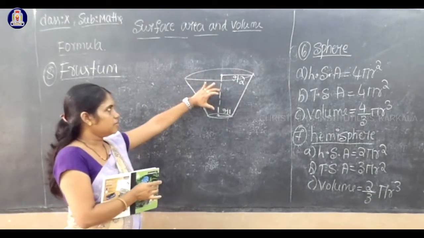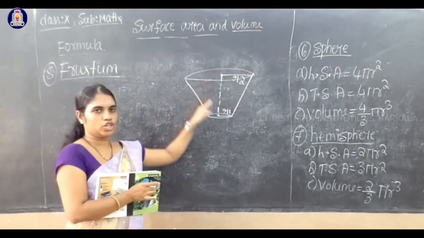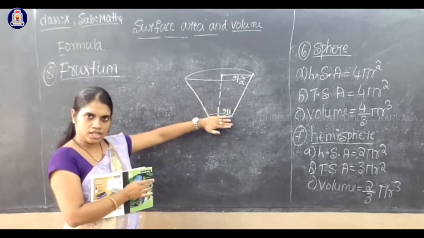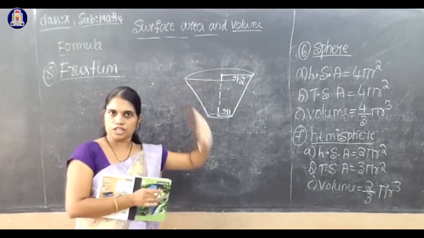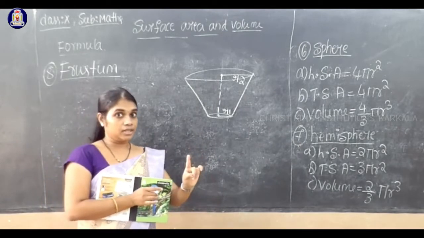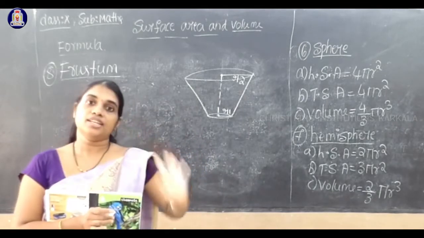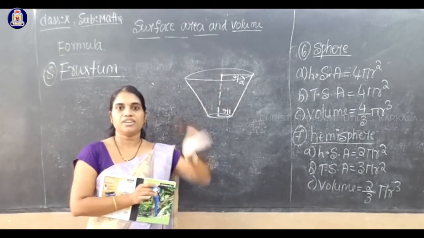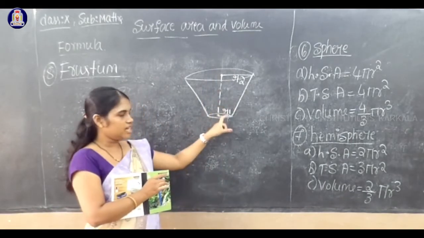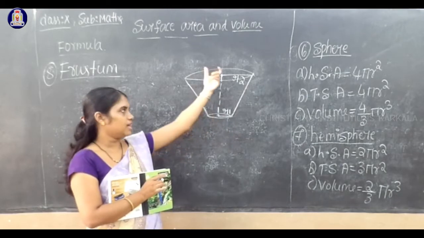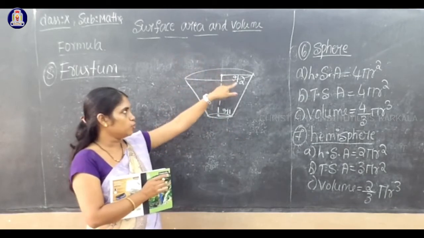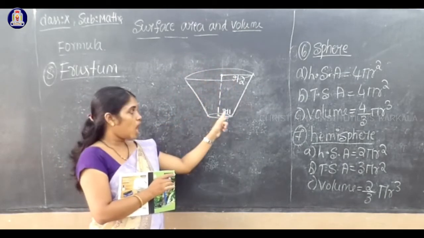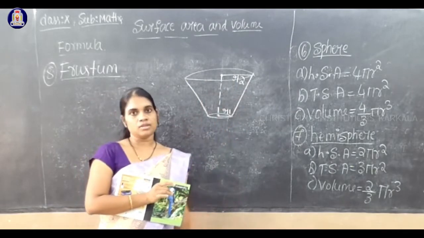Here you will have two circular faces, the base is a circle as well as the top. But you will have two different radii. The base radius and the top radius will be different. Understood now? So one radius will be smaller than the other. Here R2 means the radius of the top, R1 is the radius of its base.